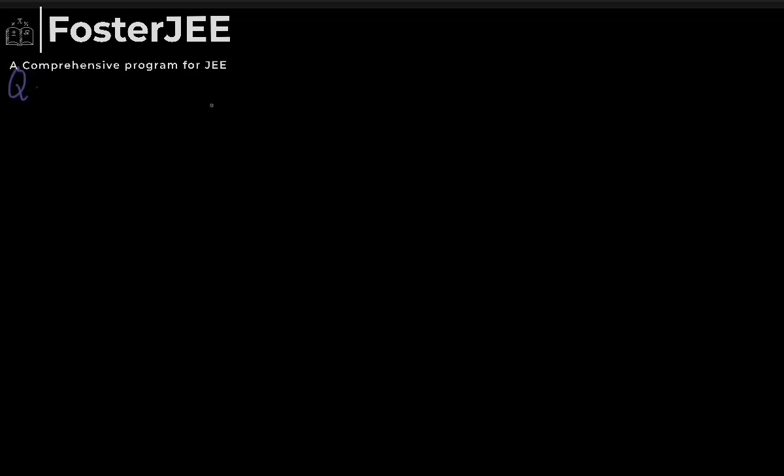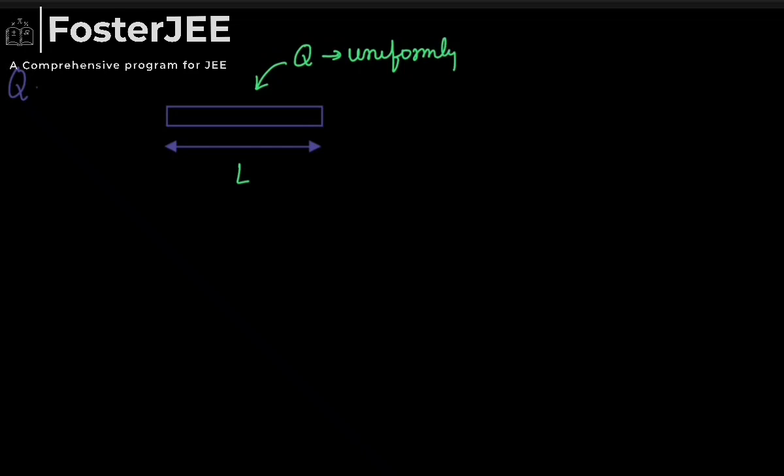The question is, suppose we have a rod of length L, and a total of Q charge is distributed over its surface uniformly along its length.